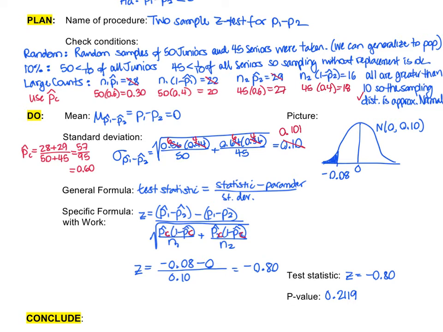And then we end up with a slightly different value, again, because this gets replaced by 0.101. And that means our test statistic value will be negative 0.79 instead, and that will give you a slightly different p-value, and the p-value is going to end up being 0.2148.